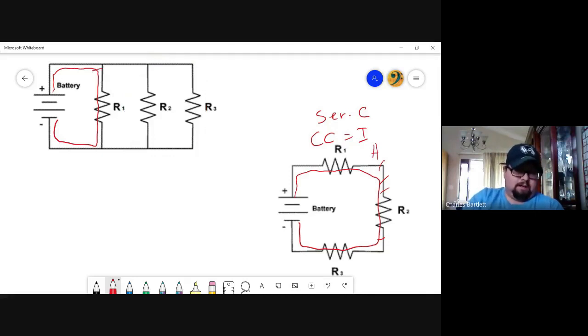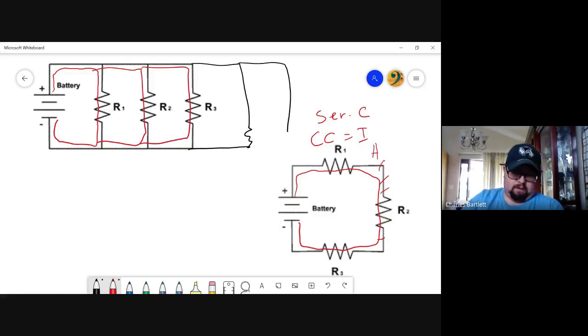But it actually has many pathways for our electricity to go. You can see you've got that pathway and you've got this pathway. Every pathway or branch needs to have resistance on it. Otherwise, you would have a short.